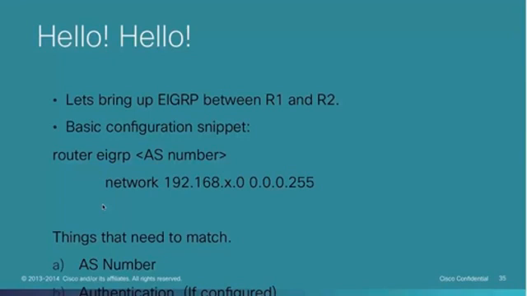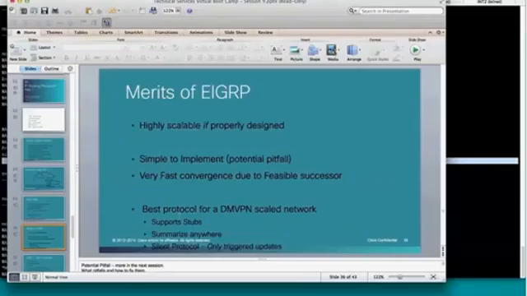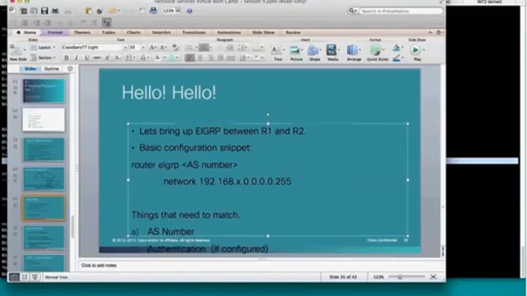The network command simply enables EIGRP on the interfaces which are covered by the network command. So if you do 192.168.0.0 instead of what I've done there, it's going to enable EIGRP on all interfaces in the range of 192.168/16. It doesn't mean it'll advertise 192.168/16 as a subnet or as a network. That's something important to remember as the basics of routing protocols in general.